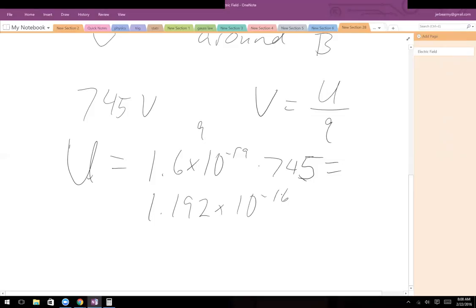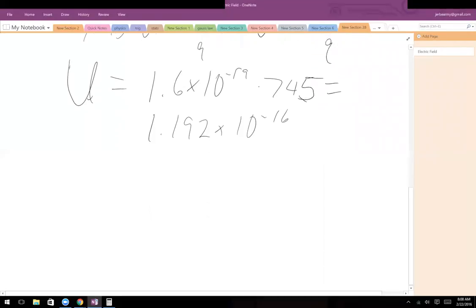So that's my change in potential energy as I accelerated at the beginning, right? What I really want to know, though, is the velocity as it enters the field, right? So whatever the change in potential has got to be the same as the change in kinetic, right? So what's the formula for kinetic energy?